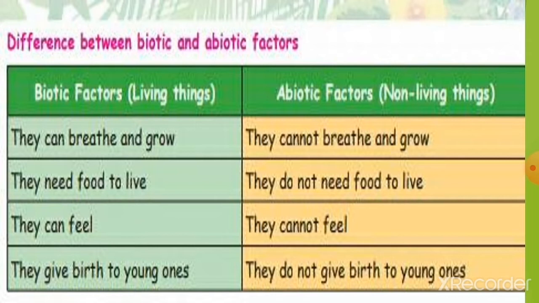Let me see some difference between biotic and abiotic factor. Biotic means living things. Biotic factor can breathe and grow. For example, we can take human as a biotic factor.